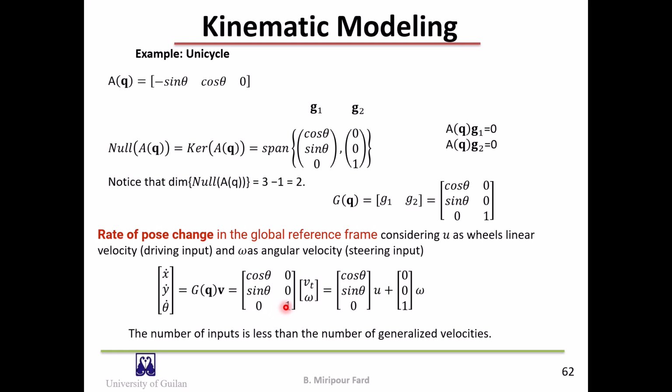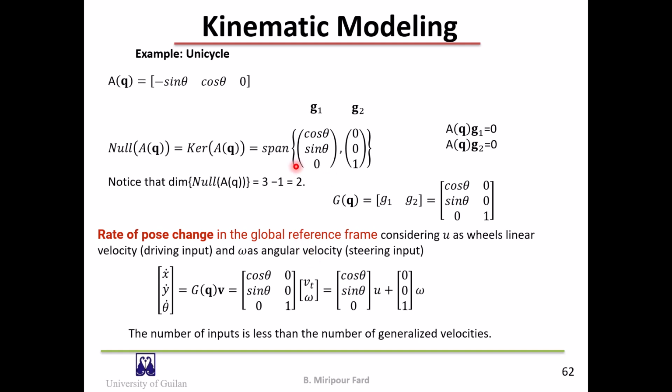The number of inputs in this case is 2, and it is less than the number of generalized velocities.